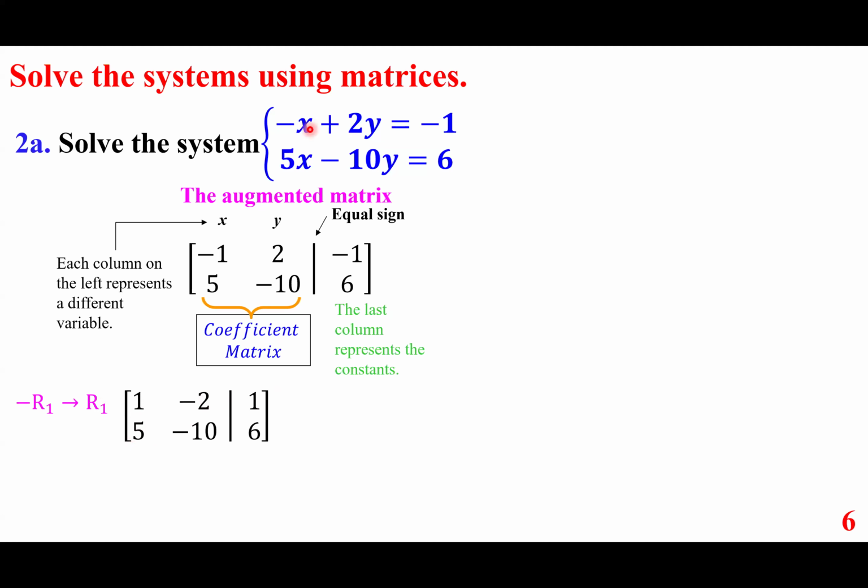Remember, you can add multiples of an equation to another one, right? So I'm going to multiply this one by 5 and subtract it from this one. So I'm going to write minus 5 R1 plus R2 will be the new R2, which means the first row that we have is not going to change.